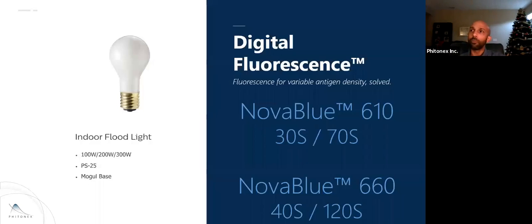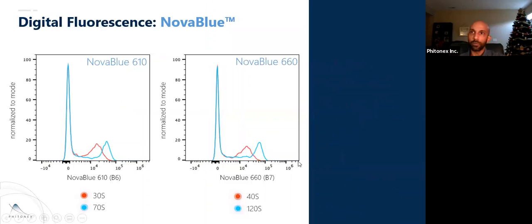As I was talking about before, with the S designation, we can take this NovaBlue 610, which we know fits into the blue detector, and because we're using it on CXCR4, which is dimly expressed, instead of using the dimmer 30S version, we decided to use the brighter 70S version. Same thing for CD28. Since we know it's not highly expressed, instead of using the 40S version, we decided to go about 3 times brighter and use the 120S version.